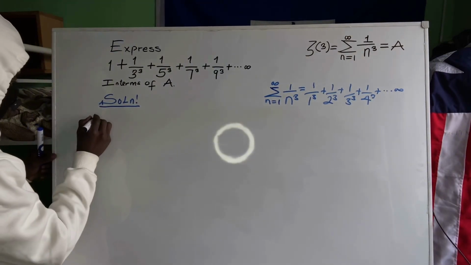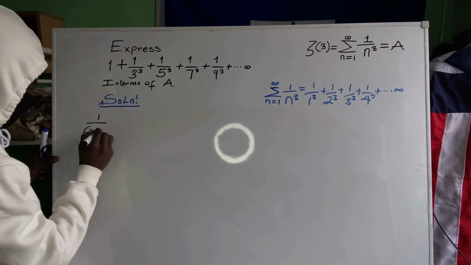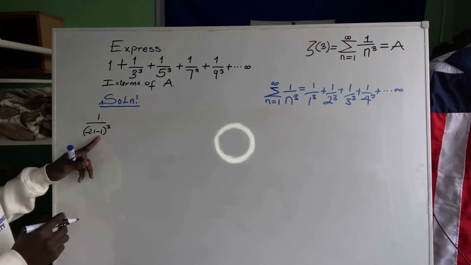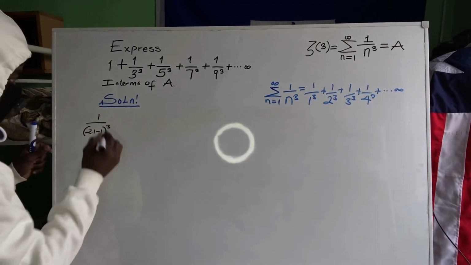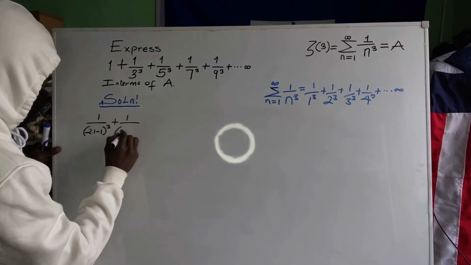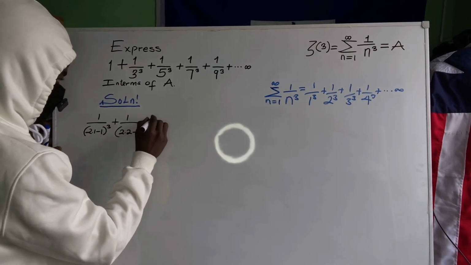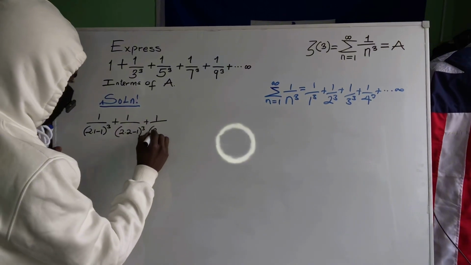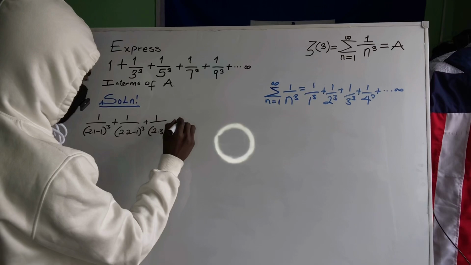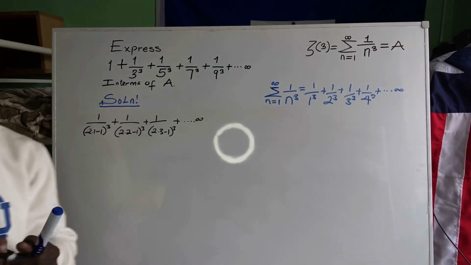We can write this as 1 all over 2 times 1 minus 1 all cube, because 2 times 1 is 2, 2 minus 1 is 1, and 1 cube is just 1. And this will be plus 1 all over 2 times 2 minus 1 all cube plus 1 all over 2 times 3 minus 1 all cube plus dot dot dot up to infinity.